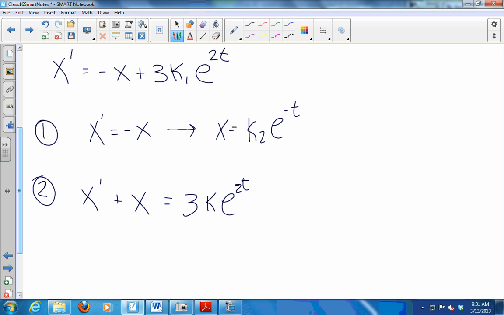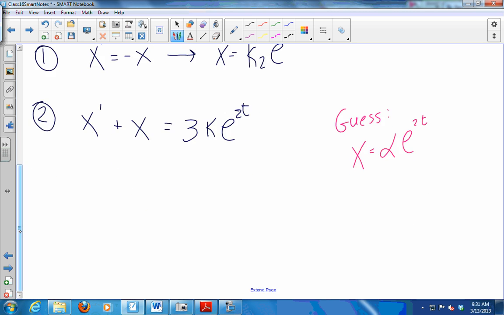So what could I guess? Alpha e to the 2t. So e to the 2t makes sense because I want to add a function's derivative plus itself and get something e to the 2t. And when you take the derivative of e to the 2t, you get 2 e to the 2t. So the e to the 2t stays preserved, which is why that guess makes sense.